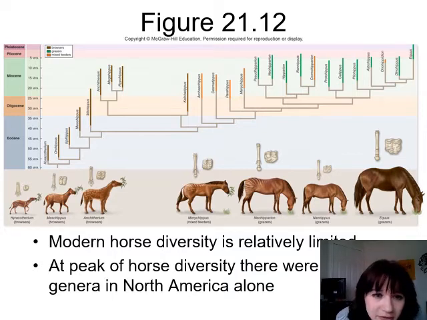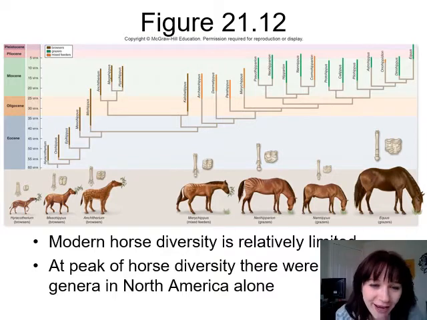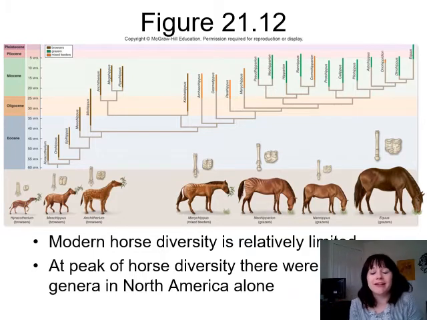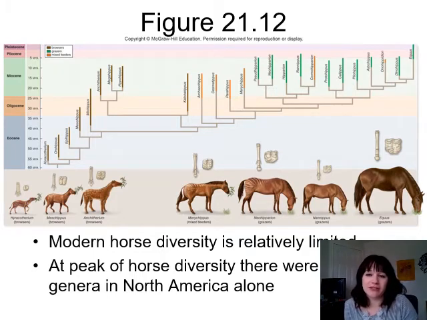You can see we've got, I don't even know how you say some of these, Hypohippus, Parahippus and Merychippus. And the only one that we see now is just this Equus at the very end there.